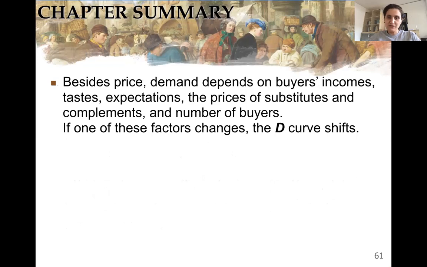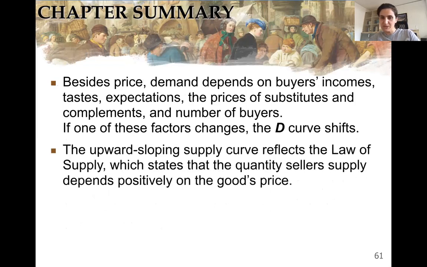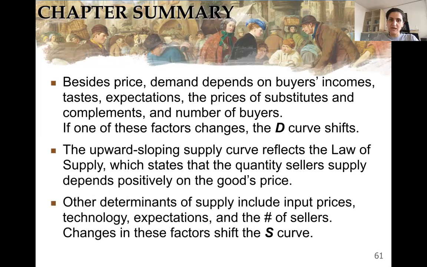If one of these factors changes, the demand curve shifts. The upward sloping supply curve reflects the law of supply, which states the quantity sellers supply depends positively on the good's price. Other determinants of supply include input prices, technology, expectations, and the number of sellers. Changes in these factors shift the supply curve.